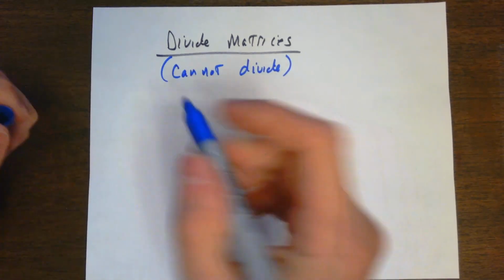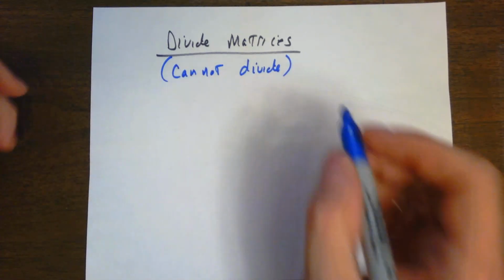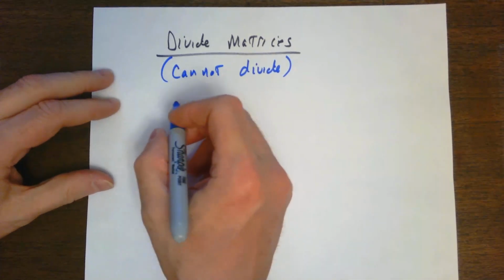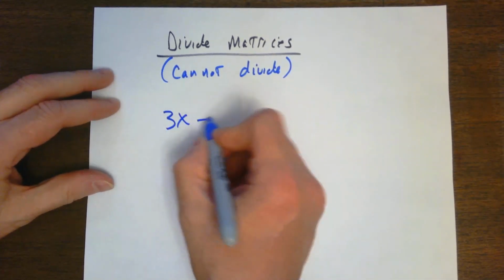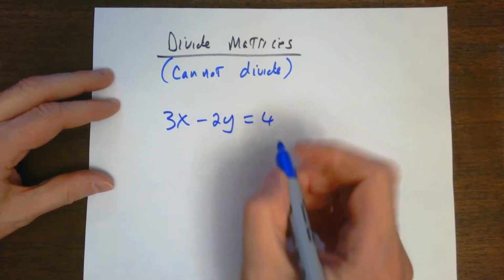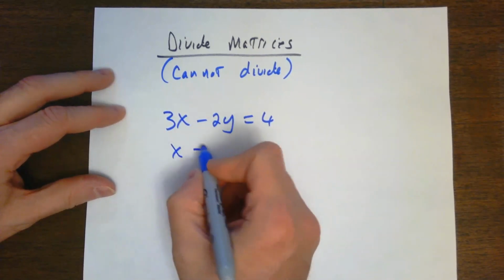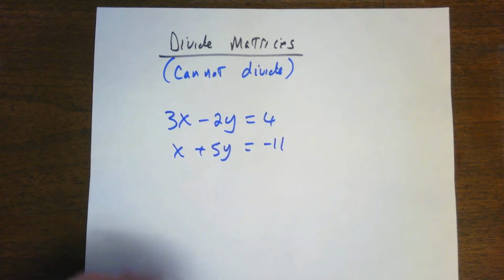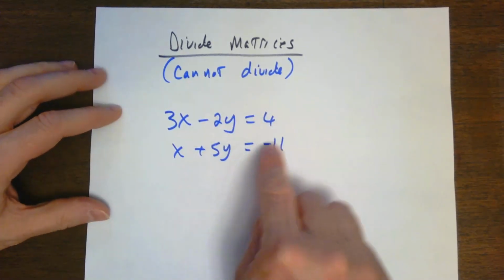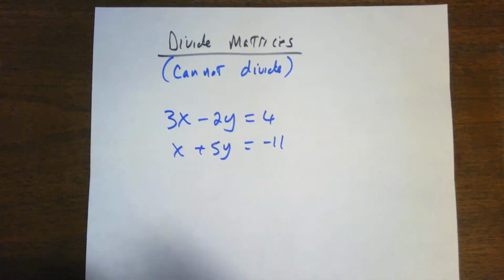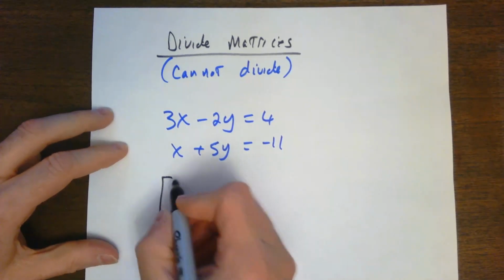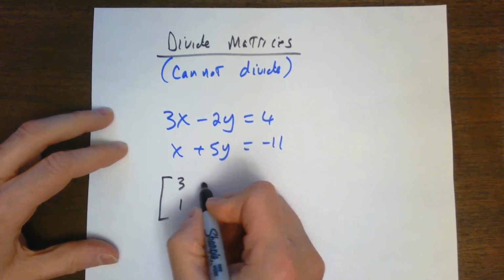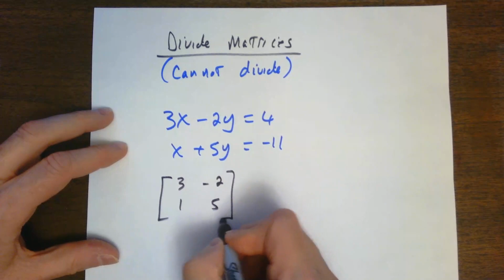So, for example, now watch this. If I have the following system of equations, 3x minus 2y equals 4, and x plus 5y equals negative 11, I can rewrite this in matrix form. The coefficients of x are 3 and 1, of y are negative 2 and 5.